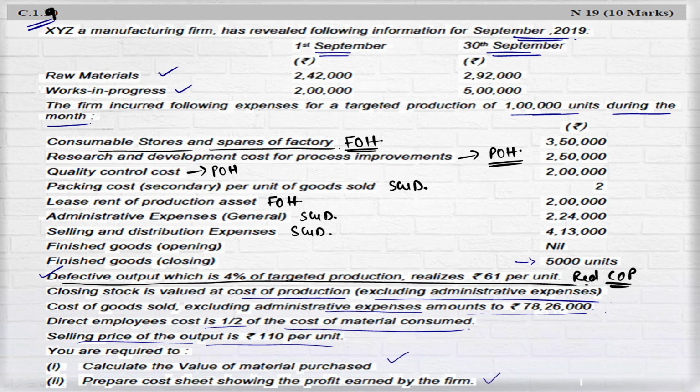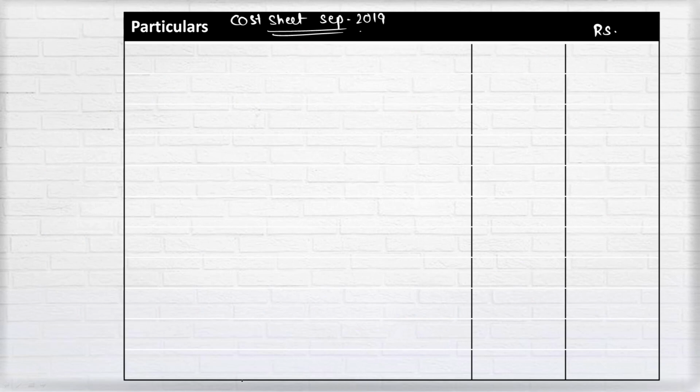Closing stock is valued at cost of production, cost of direct employees cost. So this is direct labor. Selling price of output is 110 per unit. I am starting with raw materials.